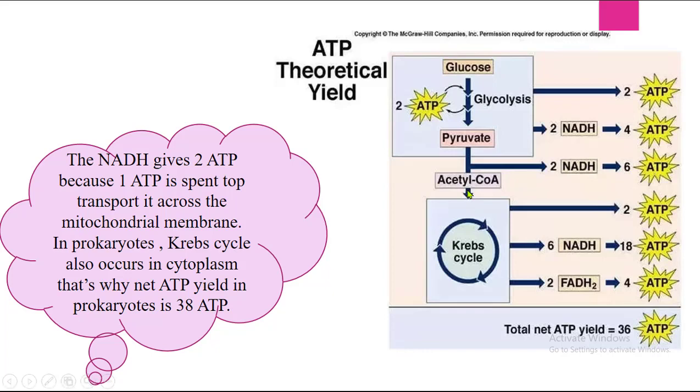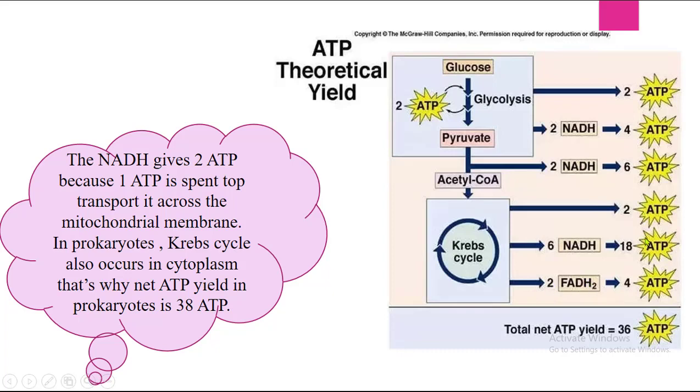And now once the acetyl-CoA enters the Krebs cycle, acetyl-CoA from each pyruvate is going to enter the Krebs cycle, and in one Krebs cycle we discussed that there is 1 ATP, 3 NADH and 1 FADH2. But for both the Krebs cycles of both the pyruvate molecules, they will be double: 2 direct ATP molecules, 6 NADH, 6 3s are 18 ATPs, and 2 FADH2 molecules, 2 2s are 4.